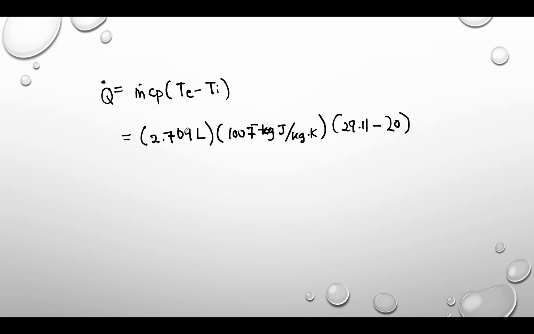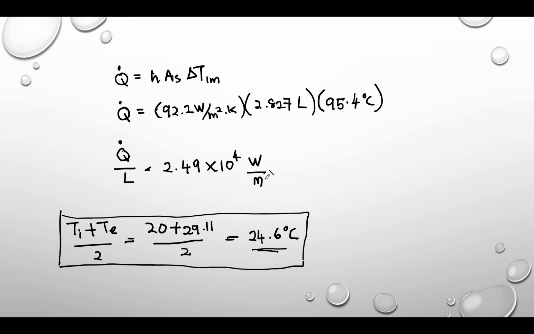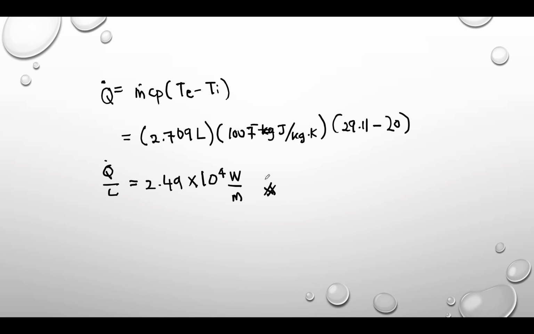Here L, bring it to the left hand side, so your equation becomes Q over L. You calculate this, and you will get the value 2.49 times 10 to the power of 4 watt per meter. It is the same as when you are using the delta T log mean. Okay, that is how you calculate rate of heat transfer per unit length for a tube bank. Okay, thank you.